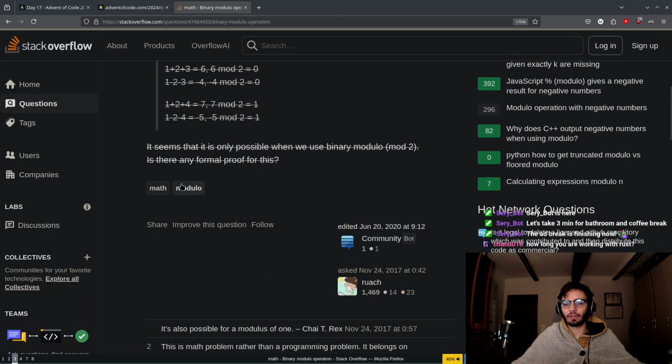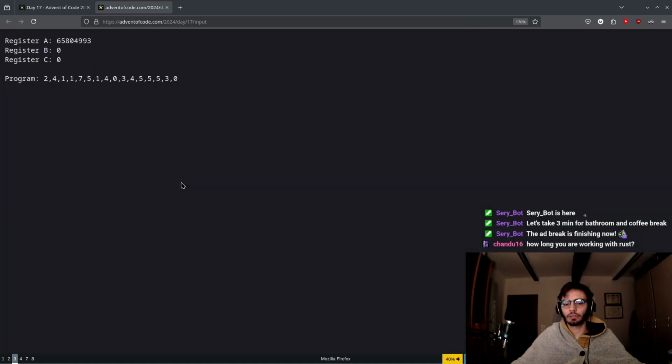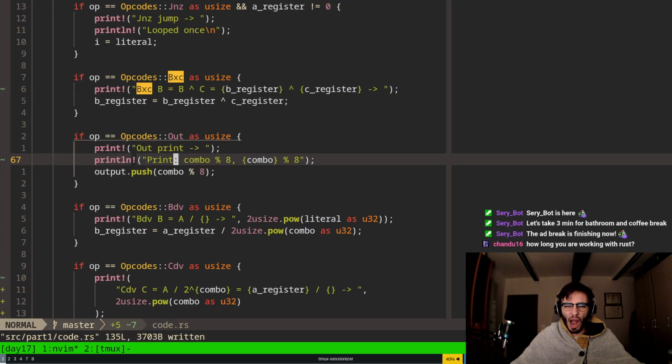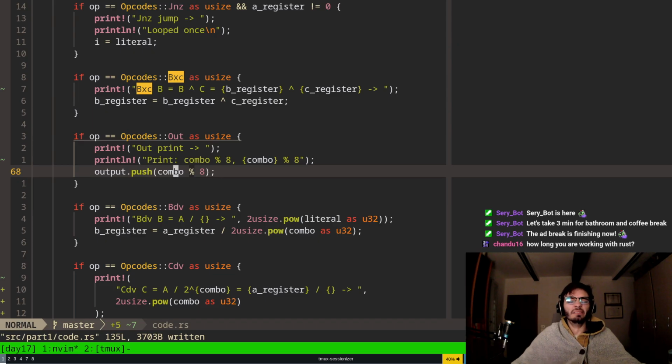Are there any clever tricks to doing this?